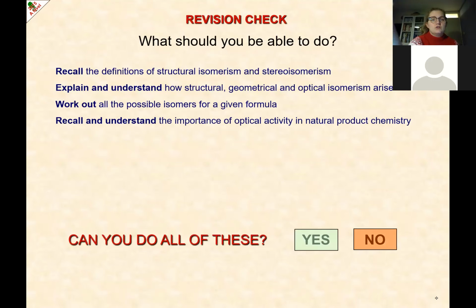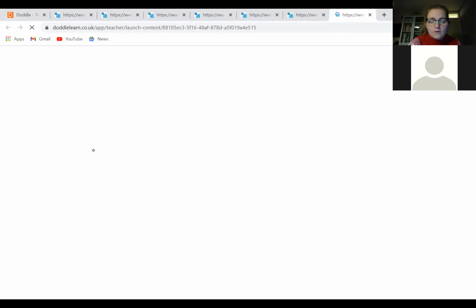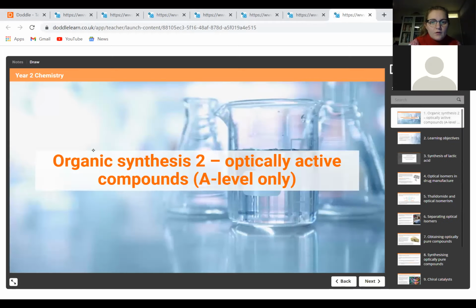Right, I just need to change what I'm sharing with you. Let's go here. So let's just move a second. We've done that. Okay, so optically active compounds. We've done quite a lot of these optically active compounds.